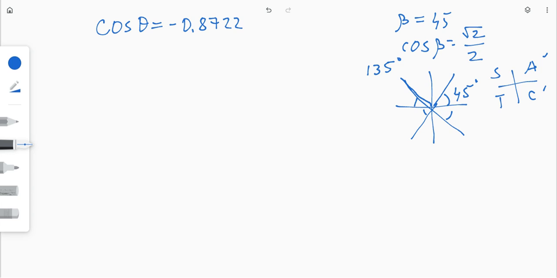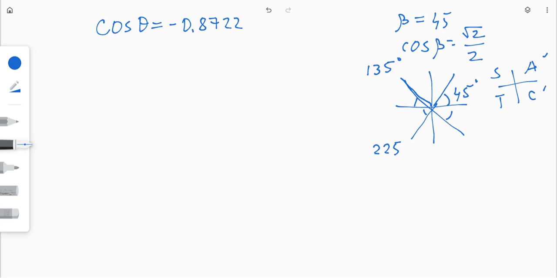Let's go on and move to the third quadrant. In the third quadrant, the angle 180 plus 45 degrees, which is 225, is going to have also a negative cosine. So negative square root of 2 over 2. Again, according to CAST rule, because in the third quadrant, only tangent is positive.